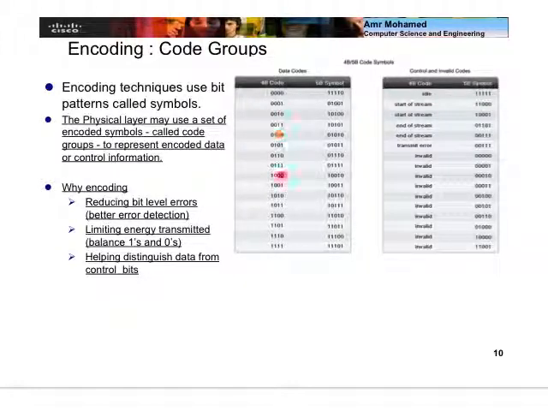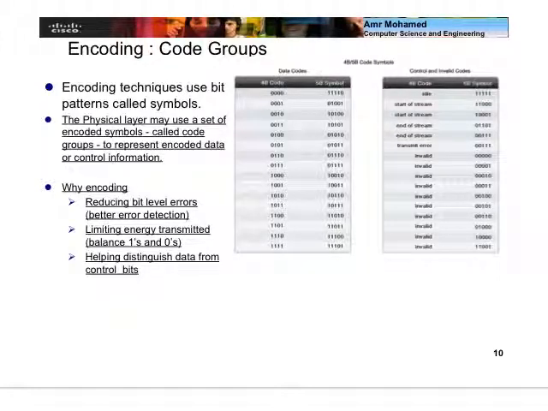This is an example that talks about taking a 4-bit code and converting it into a 5-bit symbol. Then we take this 5-bit symbol and use Manchester encoding or non-return to zero to convert it into a digital signal to transmit over the physical medium.